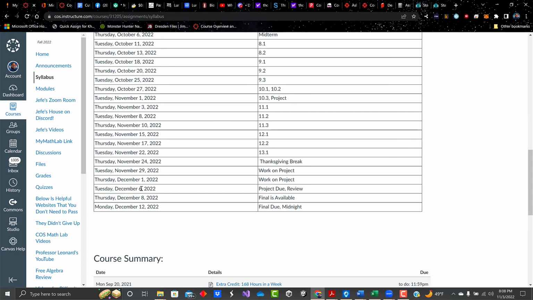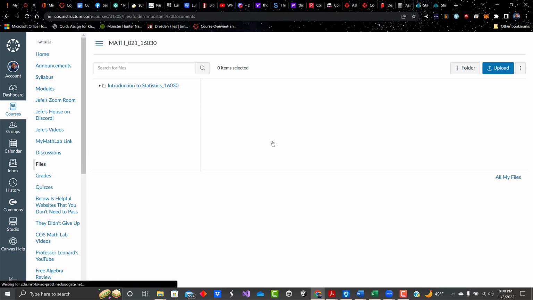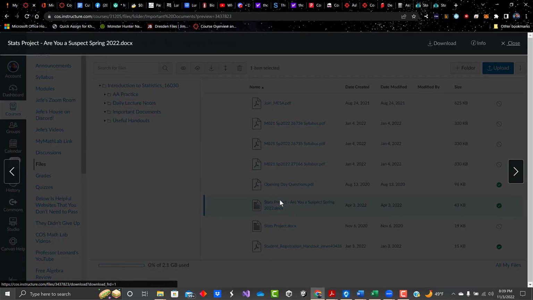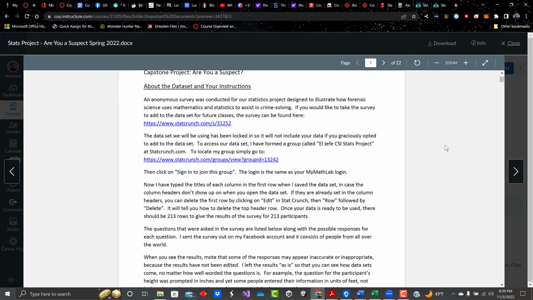That's the only thing different. Everything else will be the same, down to the links you use to get to the data set. Okay, so all the data is the same except for the due date. Yeah. I just didn't want to put all my hard work into it and have it be completely wrong. Everything's going to be the same. It just doesn't have the right due date listed, and I need to change that.